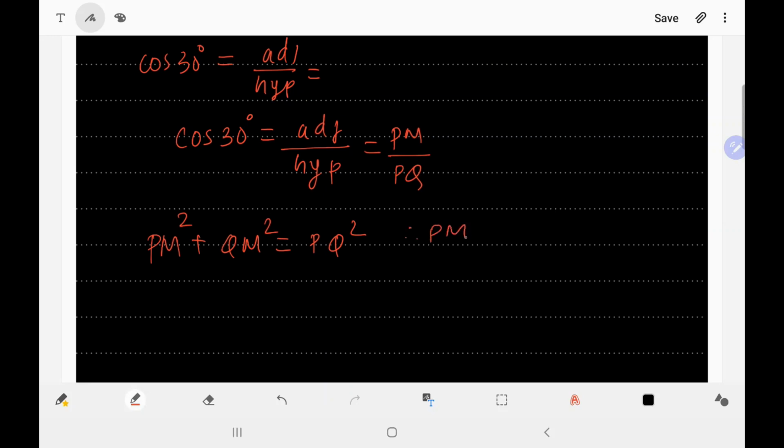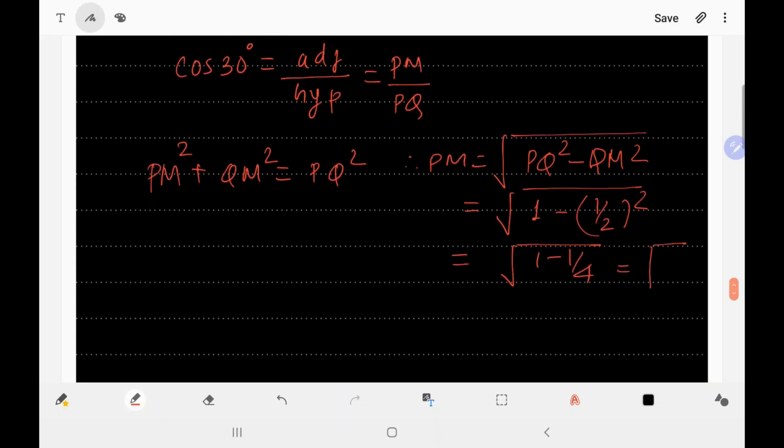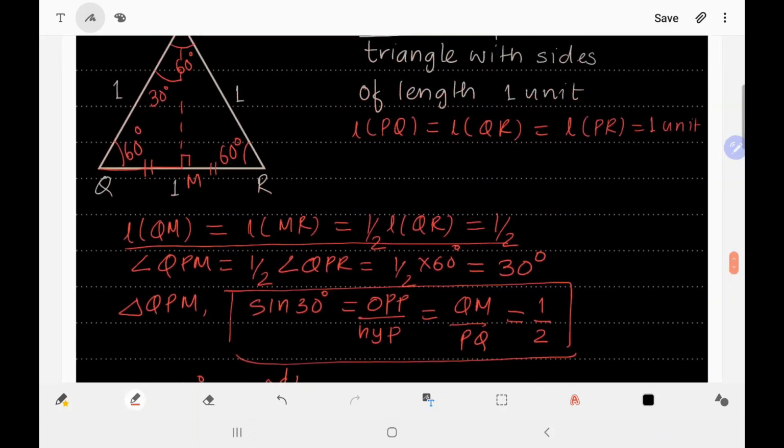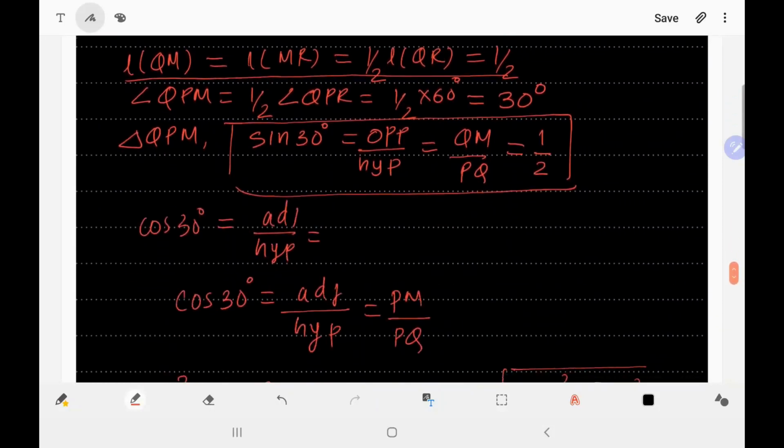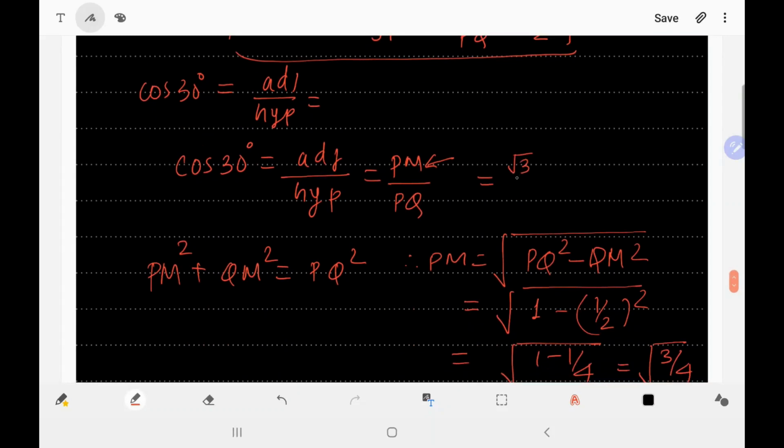Therefore PM is the root of PQ square minus QM square. Now PQ is 1 and QM is half, so this gives us the root of 1 minus 1 by 4, which is the root of 3 by 4, which can be written as root 3 by 2. Hence the length of PM is root 3 by 2, and length of PQ is 1. Therefore cos of 30 degrees becomes root 3 by 2.